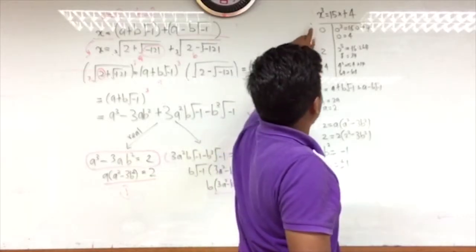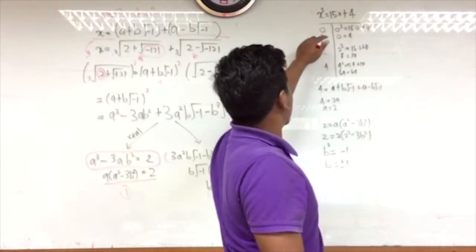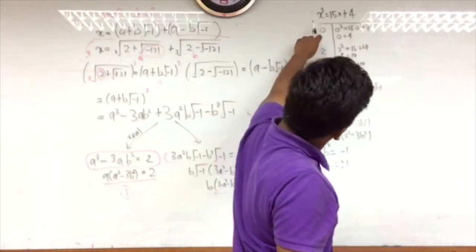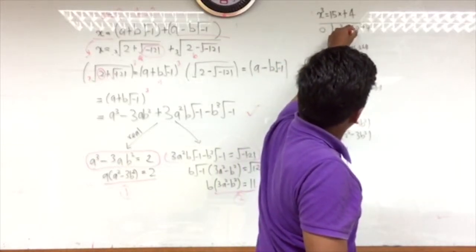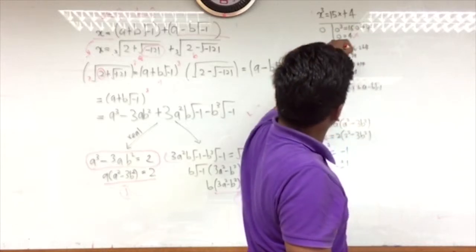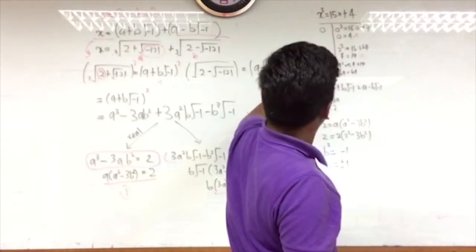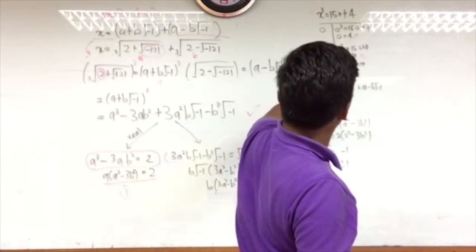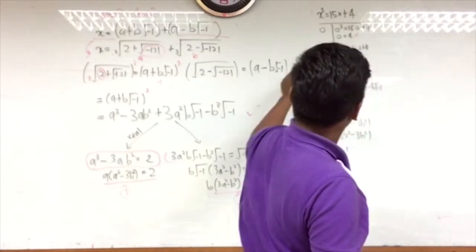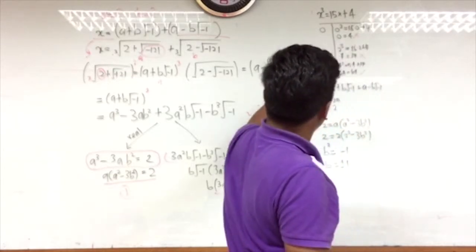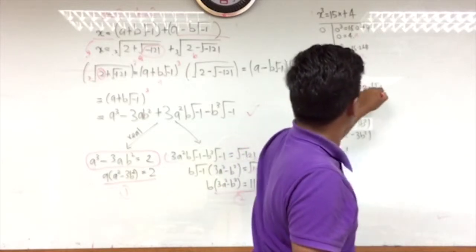Then by using trial and error, I find that 0 is not suitable for my equation, so it is eliminated, and 2 also is not suitable. But after I try 4, using x equal to 4, I find that my equation is correct.